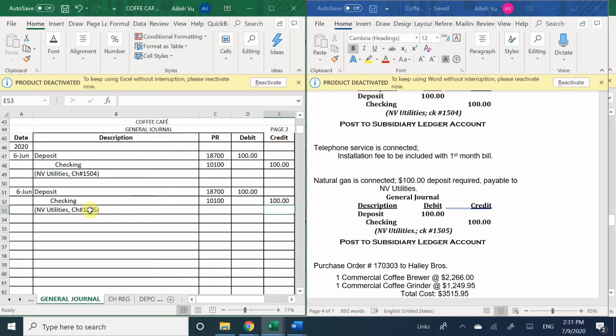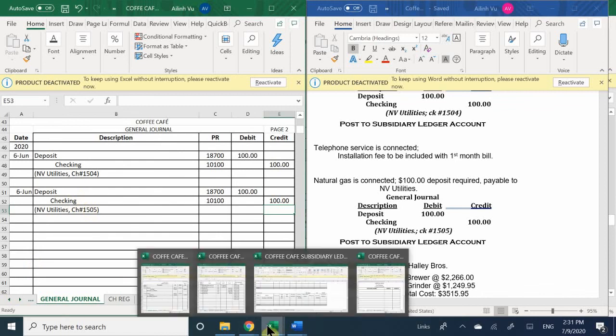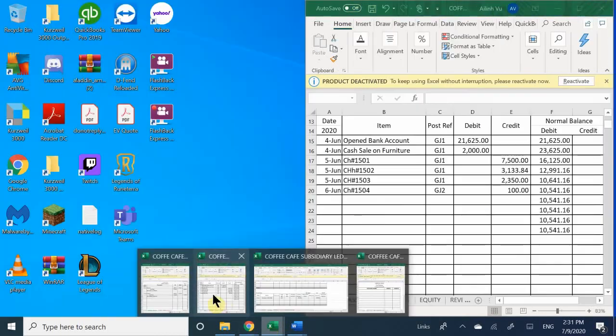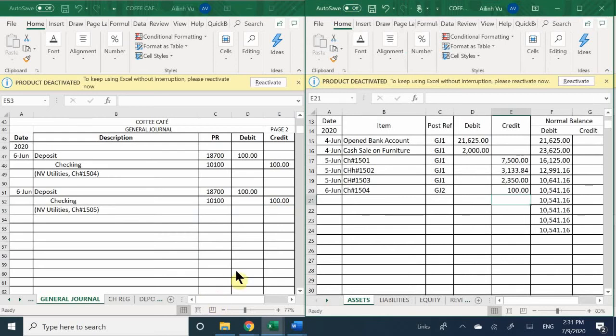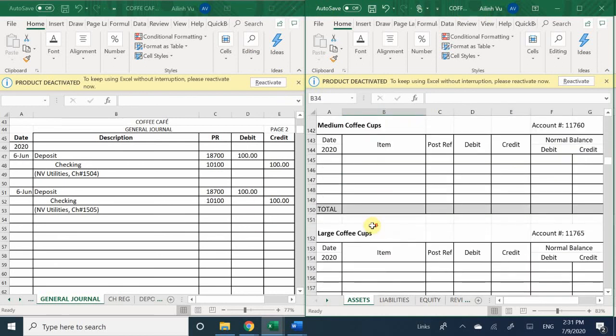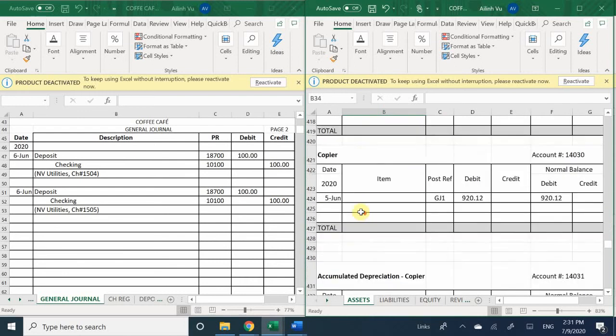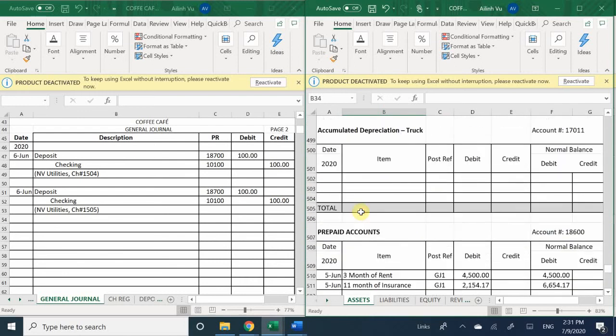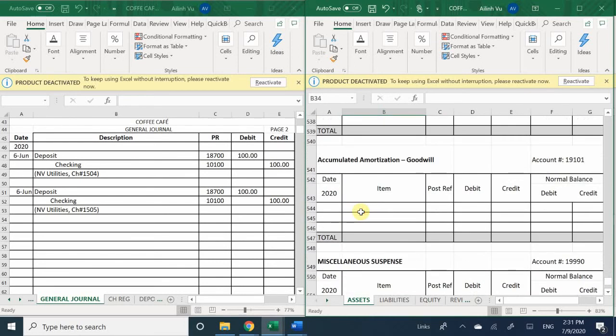So now, where do we go from here? To the ledger. Okay, so we're gonna go back down to deposits first because that's what we wrote first. So for you guys, it's the top of page 16.